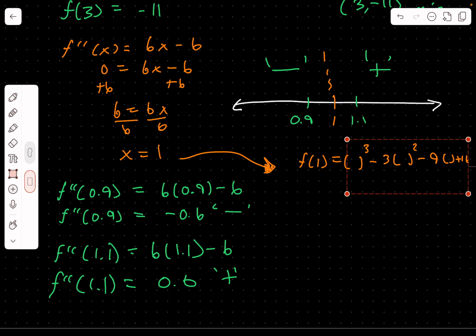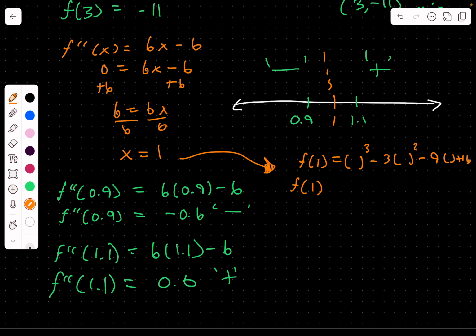Let's move it a little bit. Okay, does it fit now? Okay, a little bit better. Let's put our 1 in there. Great. And this is going to give us a 5 when we plug that into a calculator. Therefore, our ordered pair is going to be 1, 5 as our inflection point and our only inflection point.